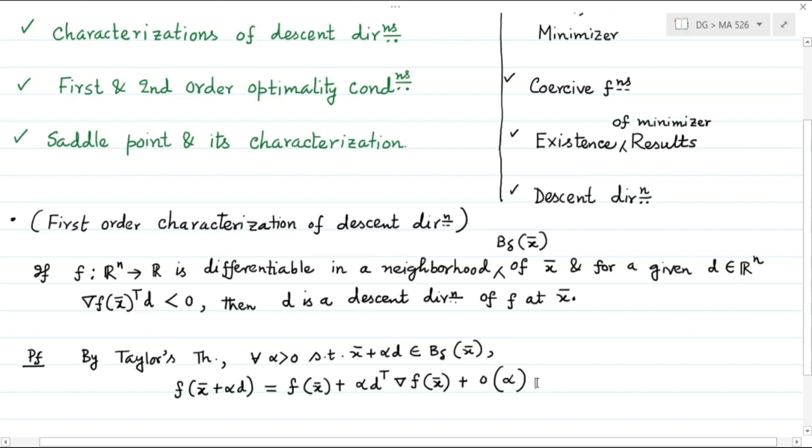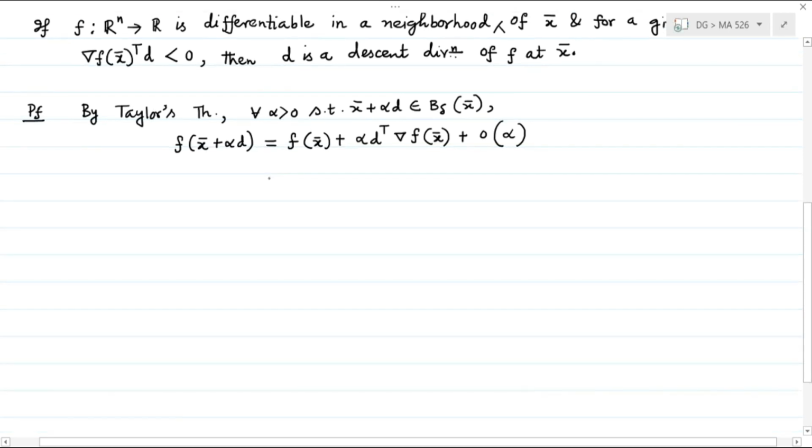And once we have this, we can just write from this equation, as alpha is a positive quantity, let us divide on both the sides by alpha, and we will get f of x bar plus alpha d minus f of x bar times 1 by alpha is equal to gradient f of x bar transpose d plus small o of alpha divided by alpha, right?